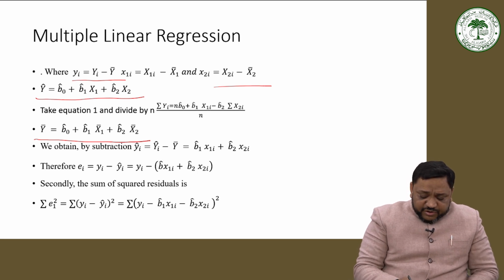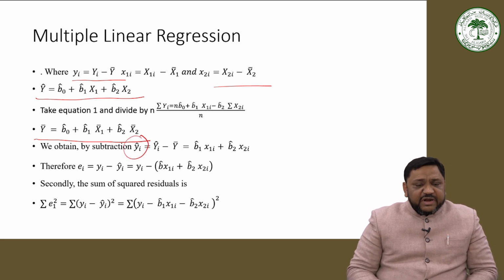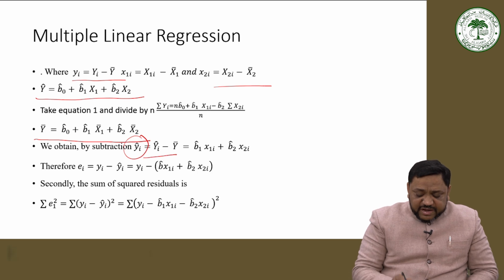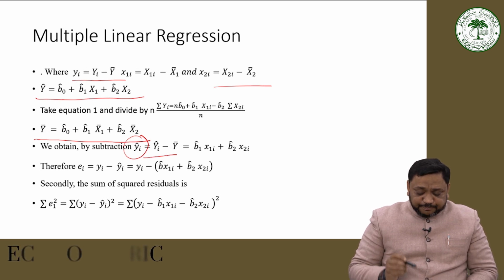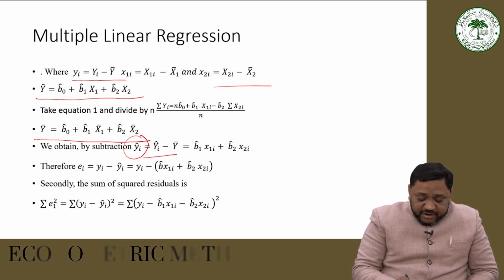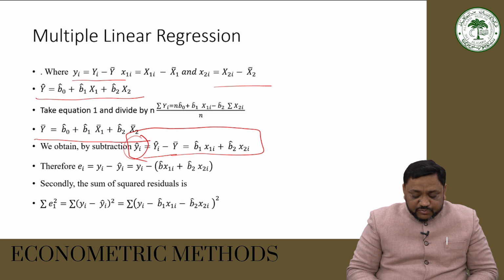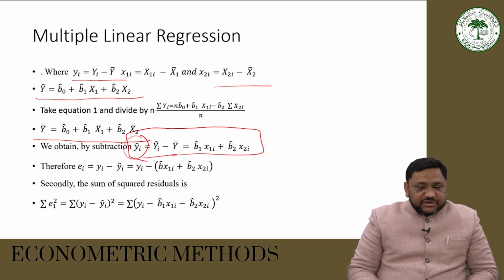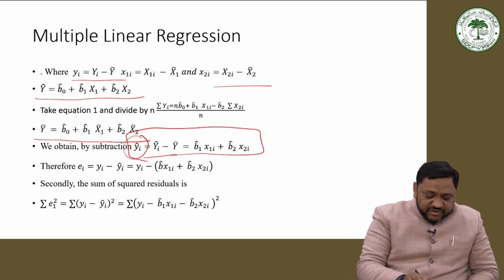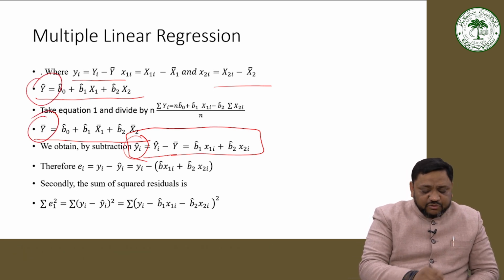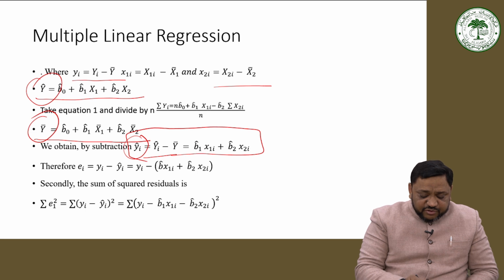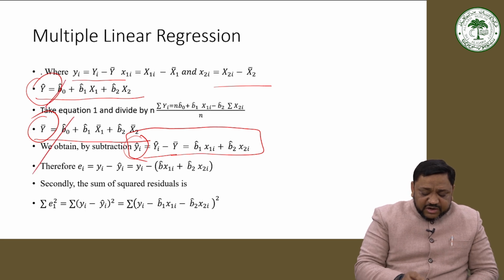Now we know that small yi hat is equal to y hat minus y bar. We can write this equation in these terms. We have the values of y hat, we have the values of y bar, and so when we do this, beta naught cancels.